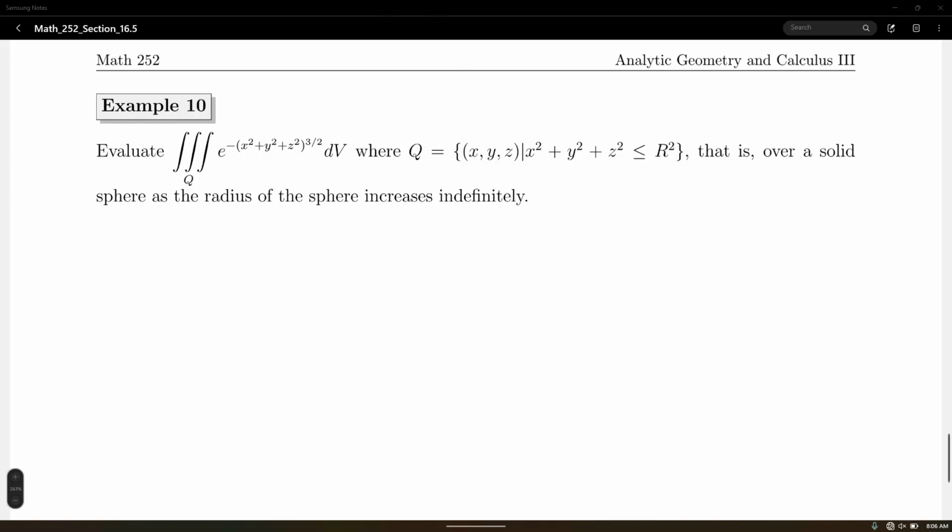So number one, if we think of a sphere with infinite radius, that means the radius is going to increase from negative infinity to positive infinity in all directions, in the x direction, in the y direction, in the z direction.